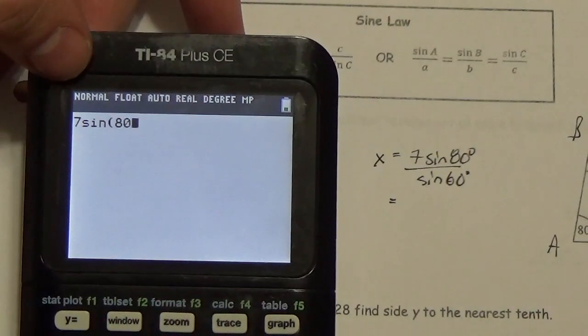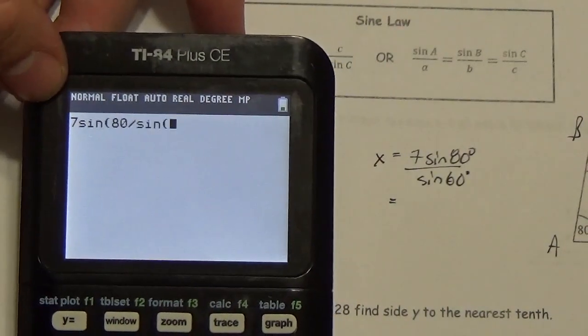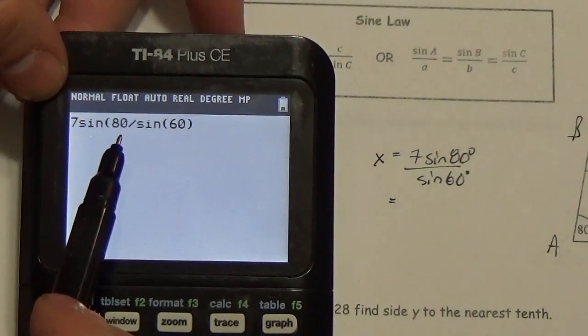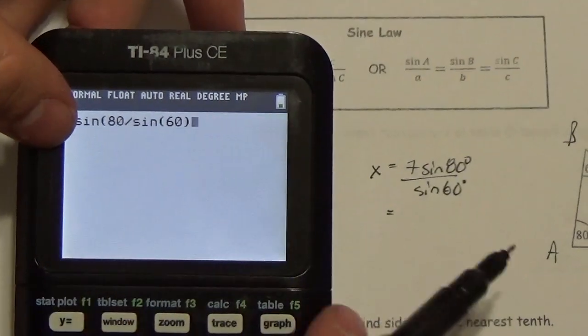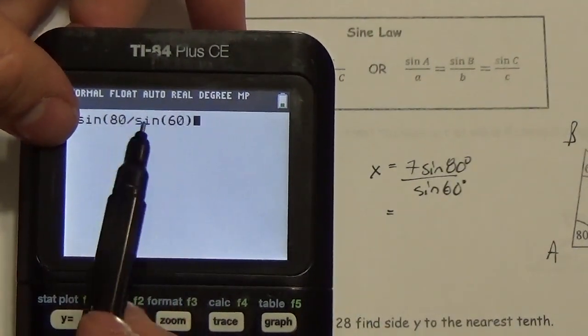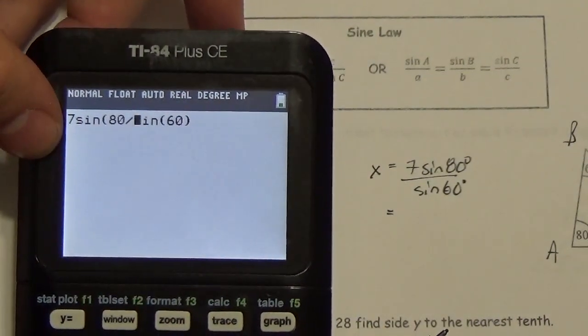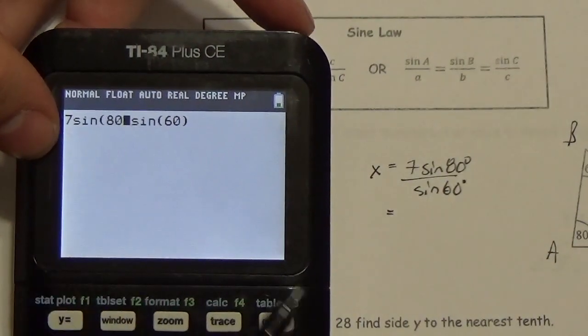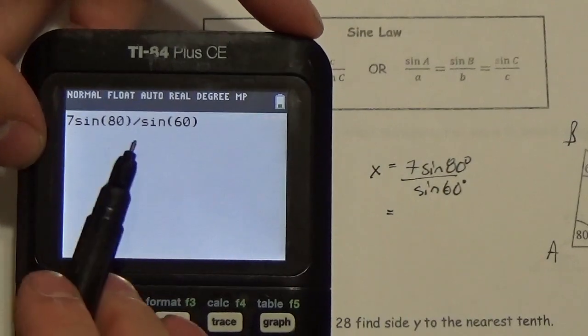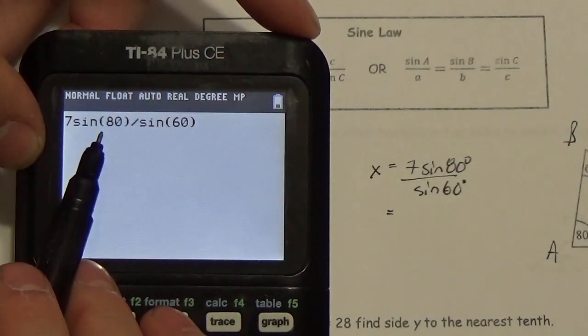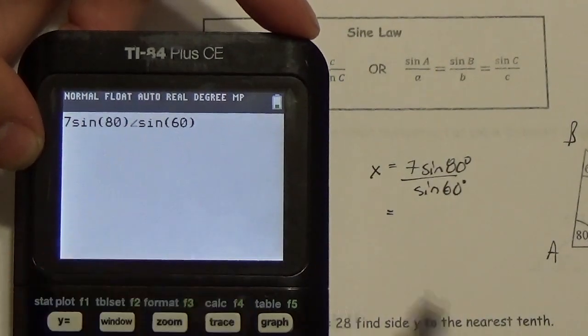If you just go divided by the sine of 60, this is actually incorrect, because what you're doing is that sine of 60 is now within the angle here. You're taking the sine of this whole expression. I don't want that. I want to just be taking the sine of 80 here, so I need to insert a bit of parentheses right there. So 7 sine of 80, close, divided by the sine of 60.